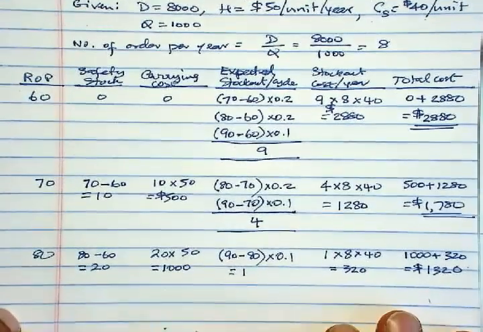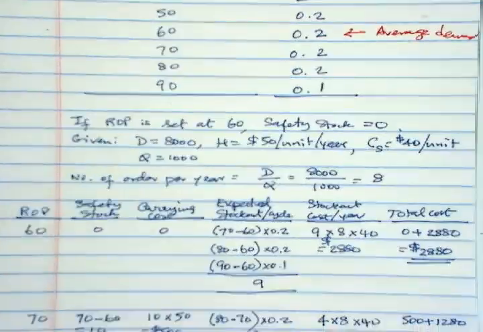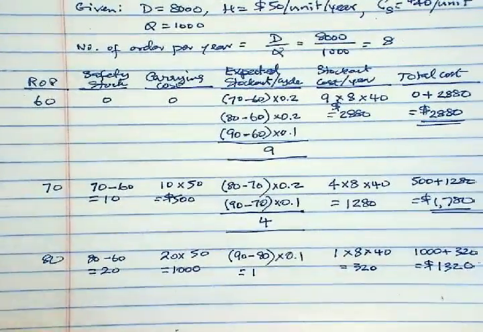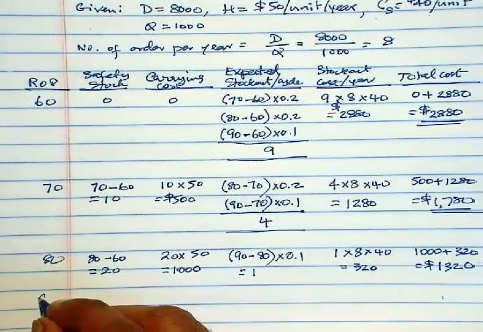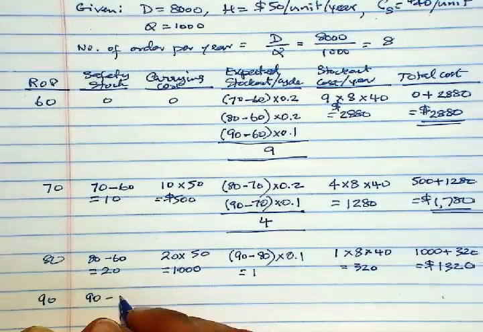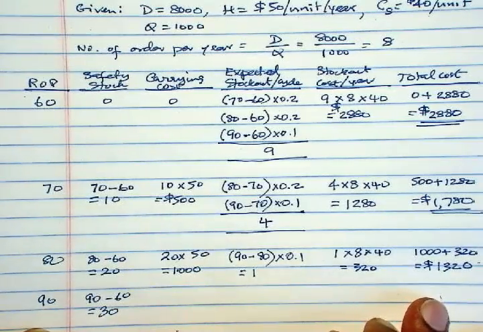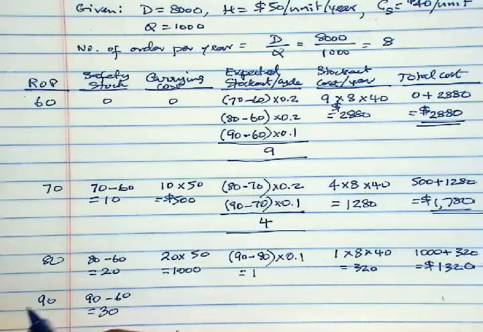Okay, finally the last demand of 90. So we set the ROP at 90. So 90 minus the average demand of 60 will give you a safety stock of 30. 60 being the average demand, and you set the ROP at 90, then you are adding 30 units to the average demand.